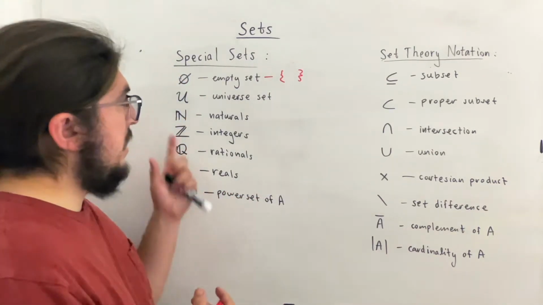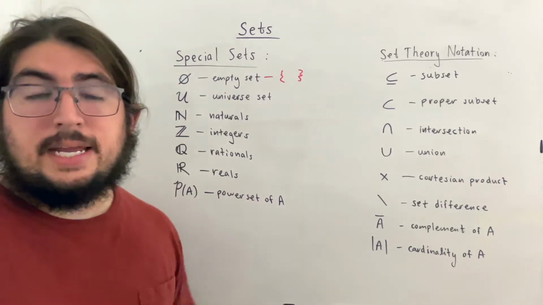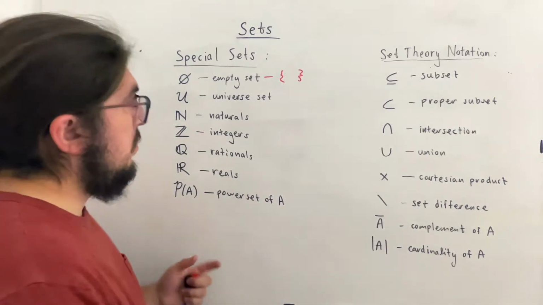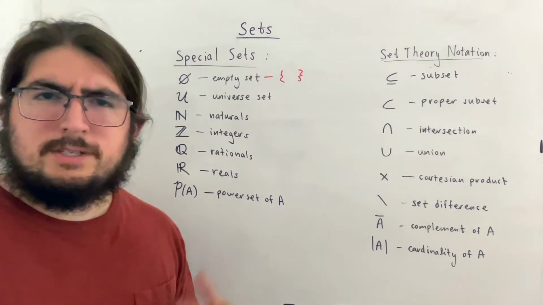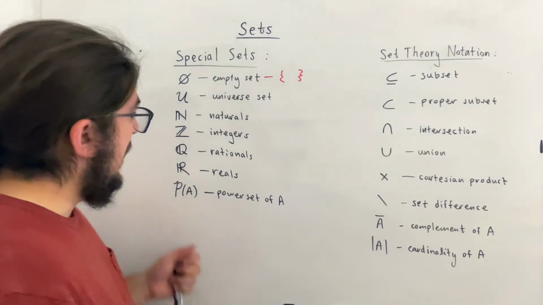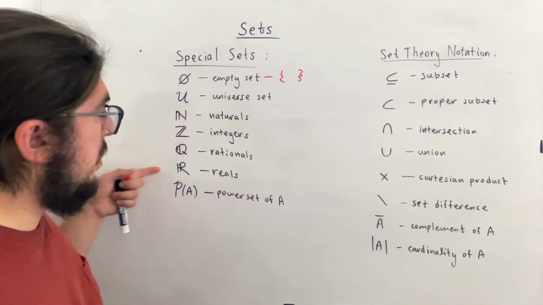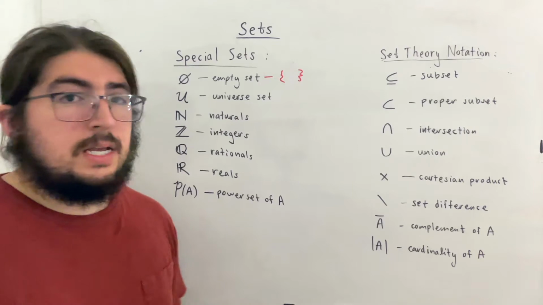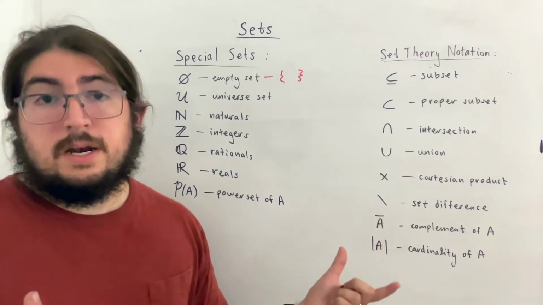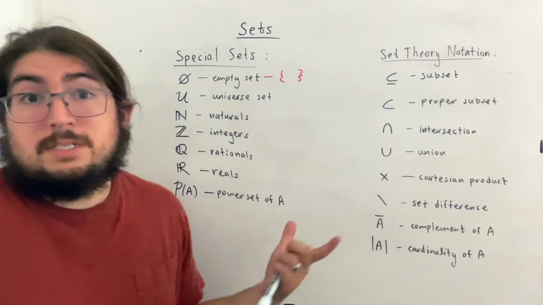Now, the universal set, on the other hand, is the set that contains everything. This is a little harder to describe, but it contains everything that we're talking about, so it depends on the context of the problem. In fact, in some sense, the real numbers are considered to be this universal set of all numbers. If you consider numbers that lie on the number line, the real numbers are all of those numbers.